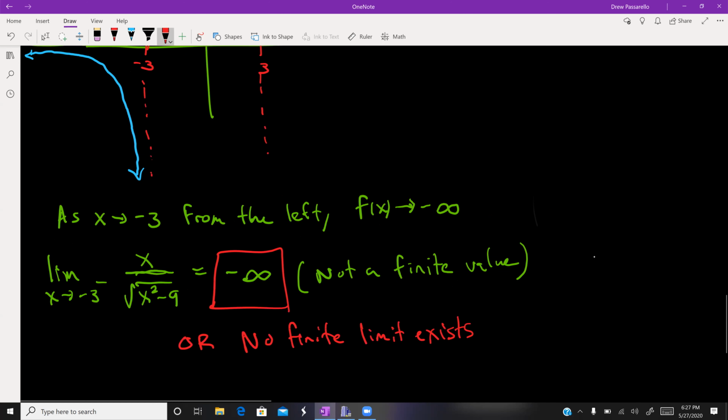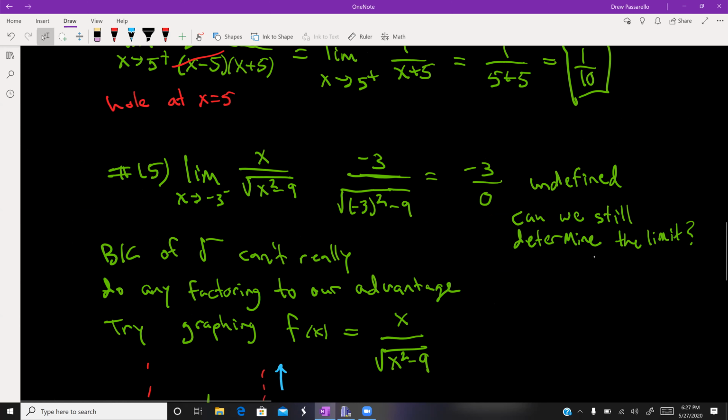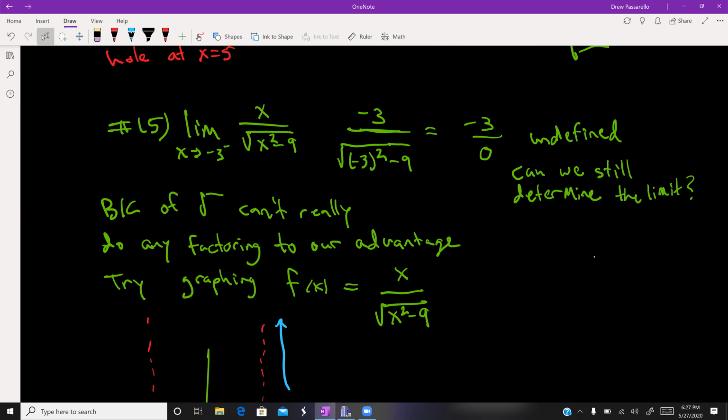And that's how I would handle this question, and hopefully it makes sense why I can't really do any factoring to my advantage because of the square root sign. I couldn't cancel any common factors to simplify it. And it might have been more complicated to rationalize if I were to multiply top and bottom by the square root of x squared minus 9, because then it'll still give me 0 in the denominator.